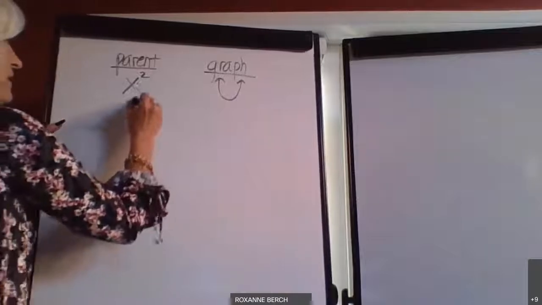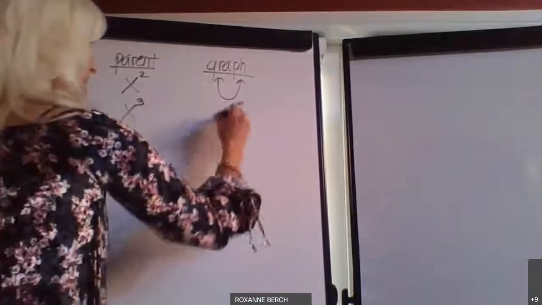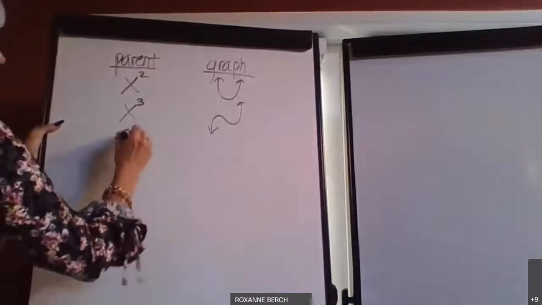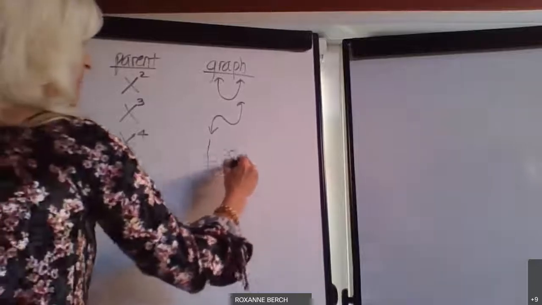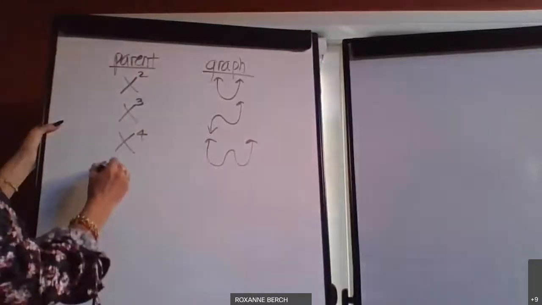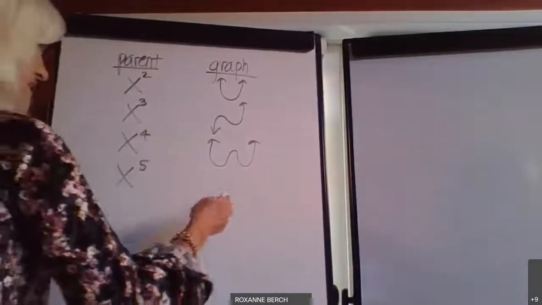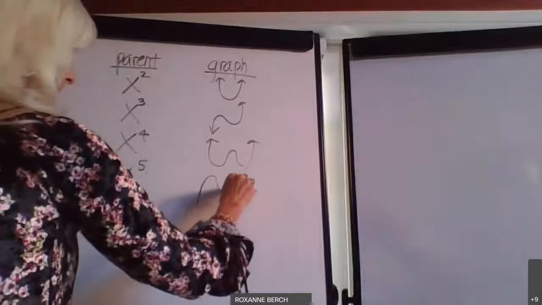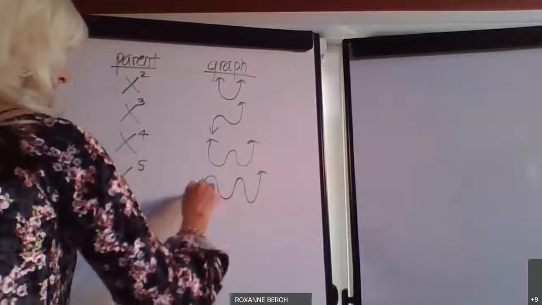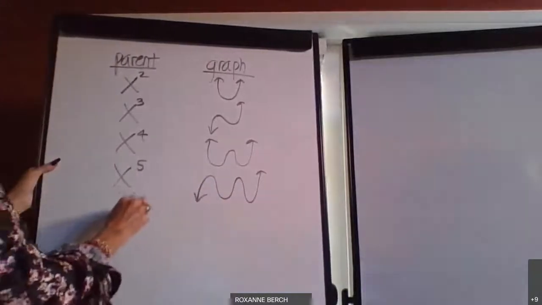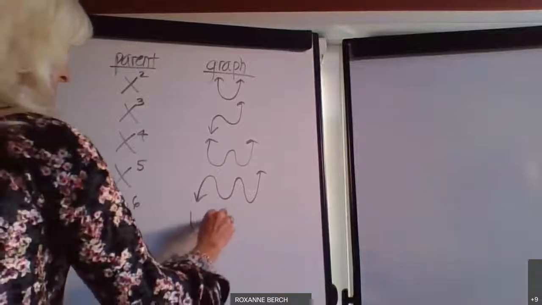The cubic looks like a snake. The quartic looks like a W. The fifth degree looks like this. The sixth degree looks like this.